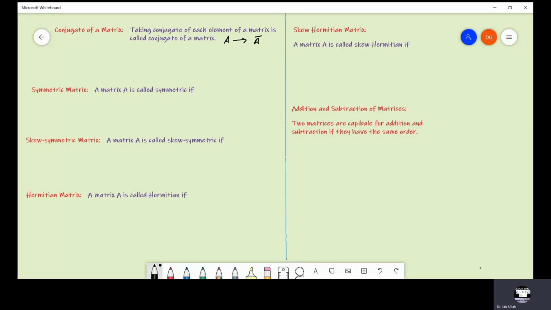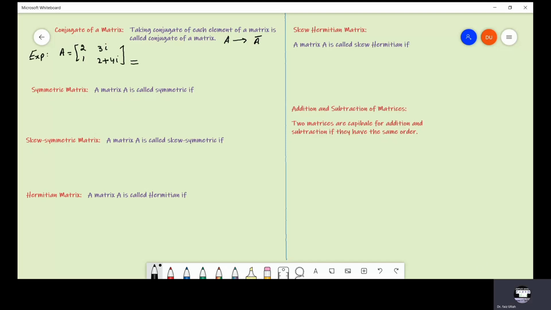So let us see an example. We have a matrix A which is equal to 2, 3 iota, 1, 2 plus 4 iota.